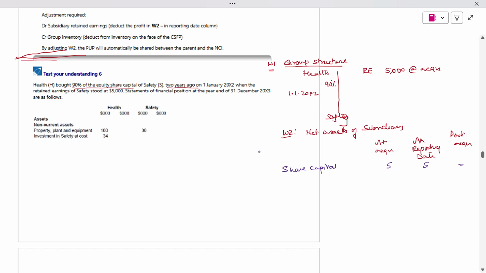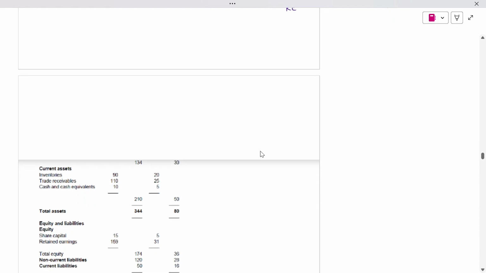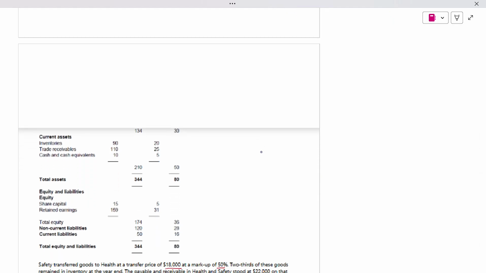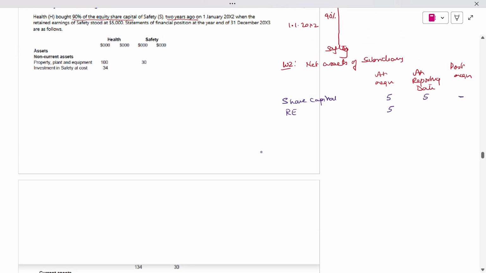Okay, retained earnings. How much is the retained earnings? Retained earnings is also 5,000. Are you clear about this? How much is the retained earnings at reporting date? It is 31. How much has it increased? 26.